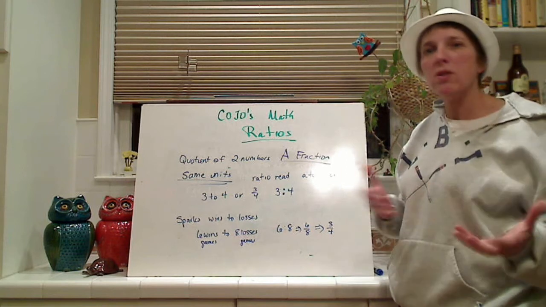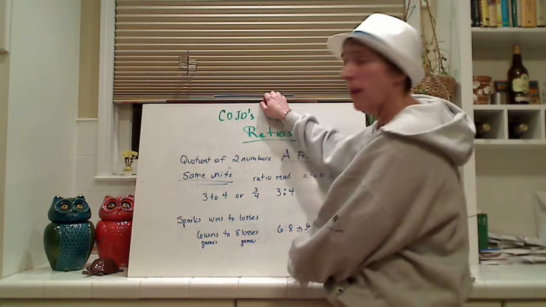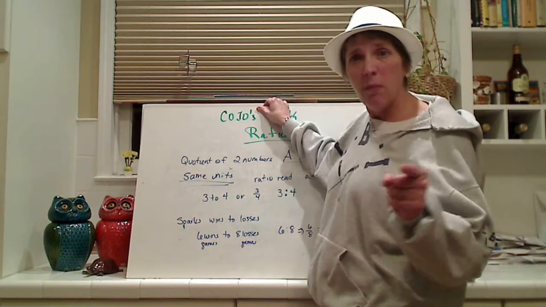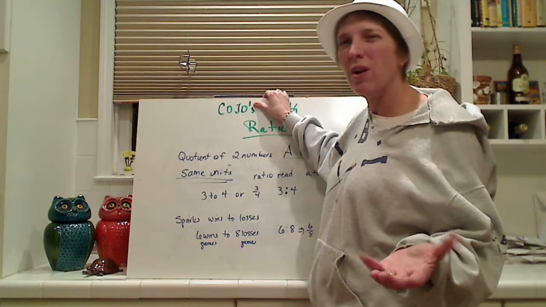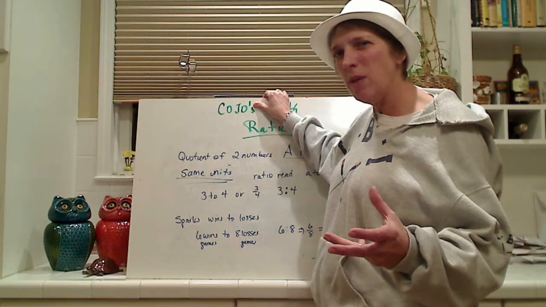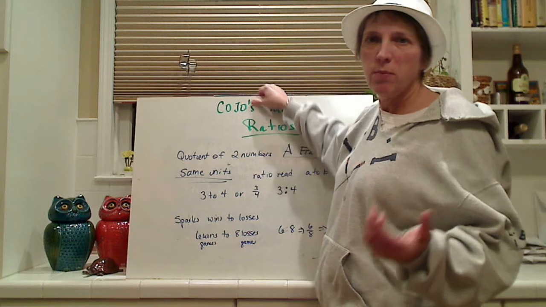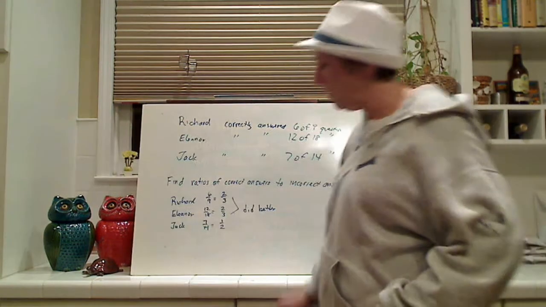A ratio is a comparison of data, and the units have to be the same. Remember that, because sometimes you're given information where the units aren't quite the same yet, but you just have to make a simple change and you can get it that way.